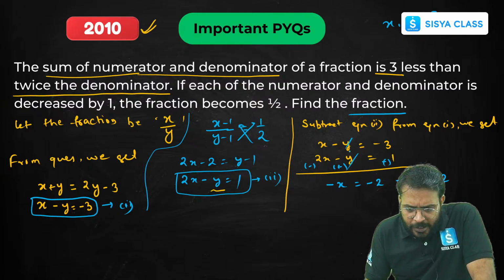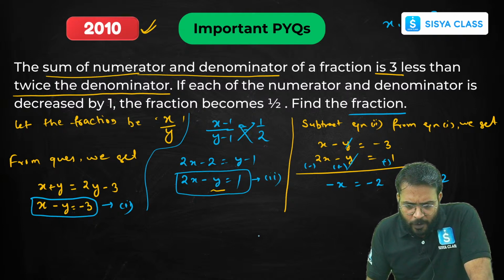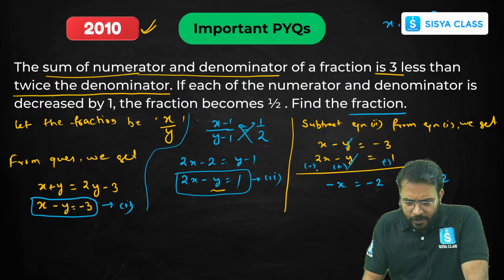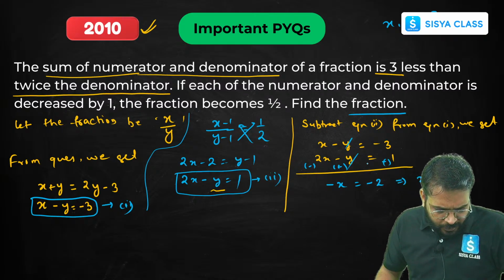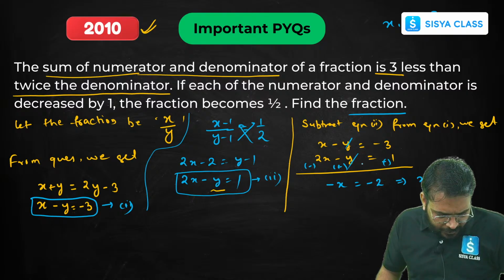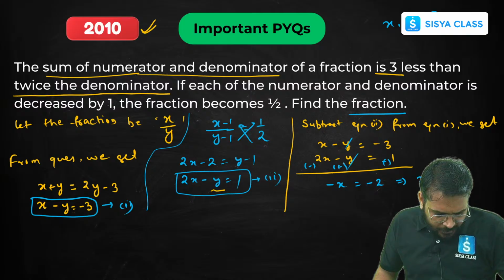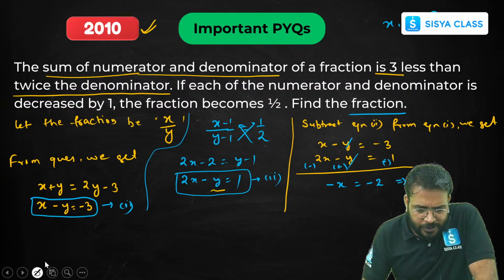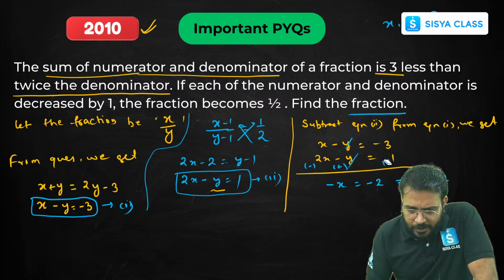So x minus y is equal to minus 3 and 2x minus y is equal to 1. Here I think I am making a mistake.